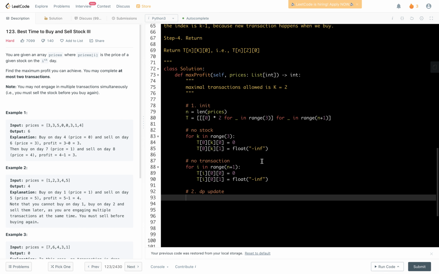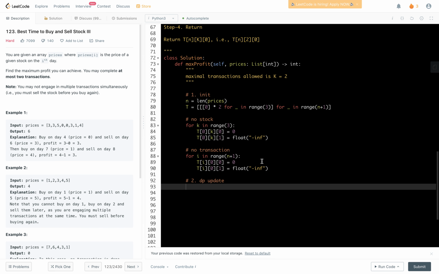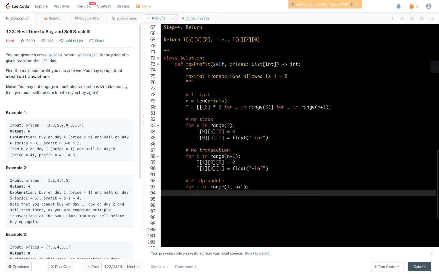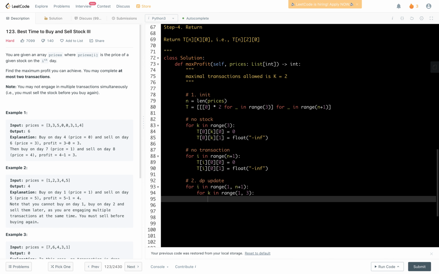The next step is the DP update. This is actually a recursion relation, like a number sequence in mathematics. Because we have set i equals 0 and k equals 0, we're going to do for i in range 1 up to n, so we write n plus 1, and for k in range 1 and 2, so we write 1 to 3 in the end.